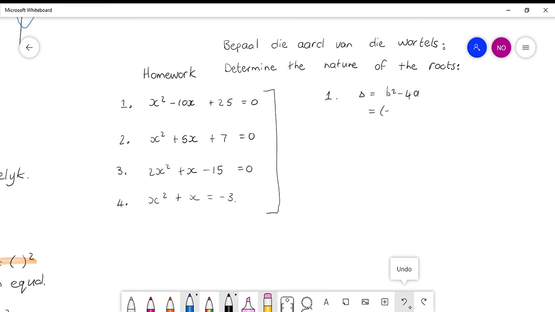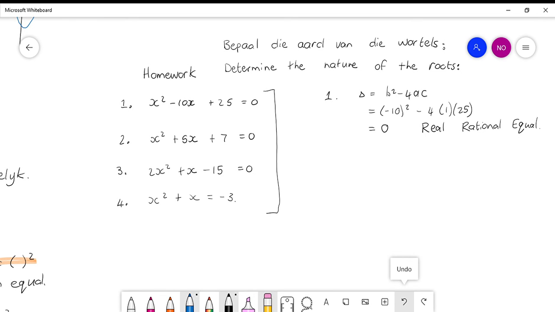Negative 10 squared minus 4 times a times c. And do you agree that that simplifies to 0? Yes, ma'am. Now you know your work, so immediately you know that means it's real, it's rational, and it's equal.